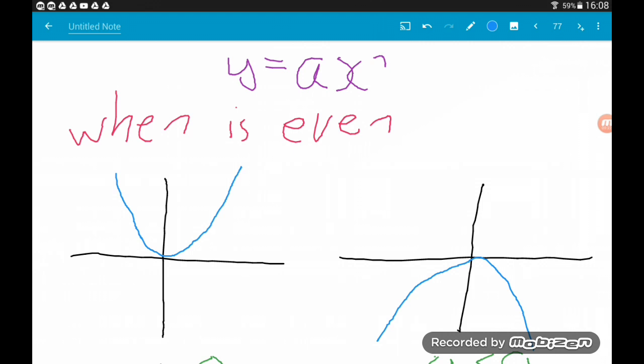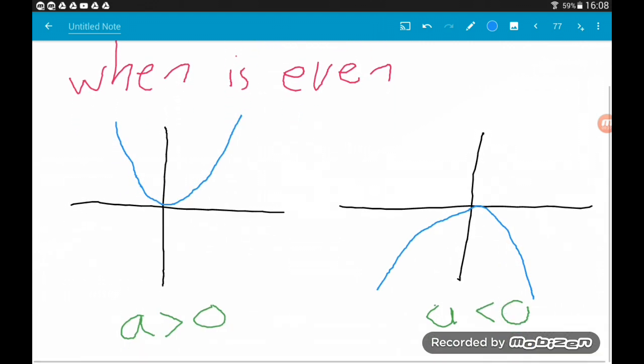But it's important to realise if a is greater than 0 here, then we start somewhere in the top left, and our function ends going off up into the top right. Or if a is negative, so less than 0, we have some variation of an N shape. We start coming up from the bottom left and end going down into the bottom right.